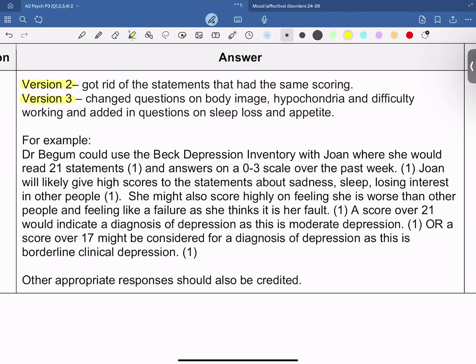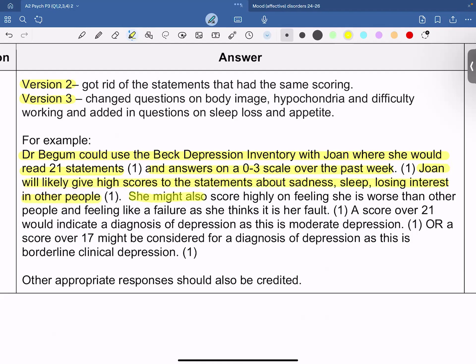For example, now this is how you hit a 4 and 4 here, right? Dr. Begum could use the Beck's Depression Inventory with Joan, where she would read 21 statements and answer on a 0 to 3 scale over the past week. Joan will likely give high scores to the statements about sadness, sleep, and losing interest in other people.